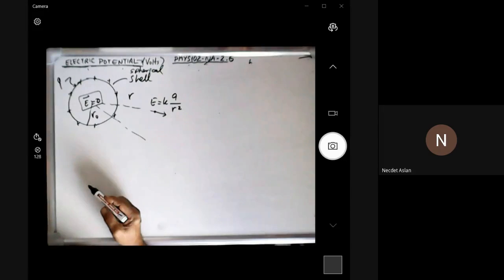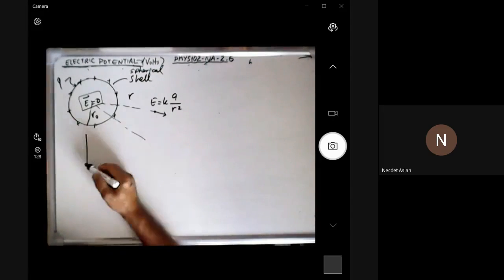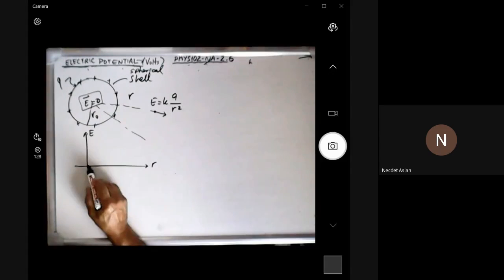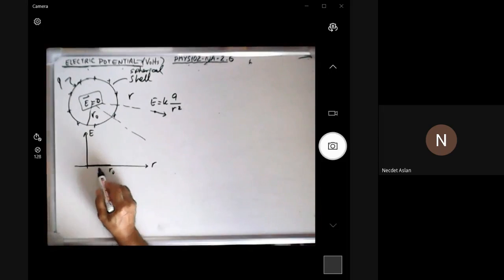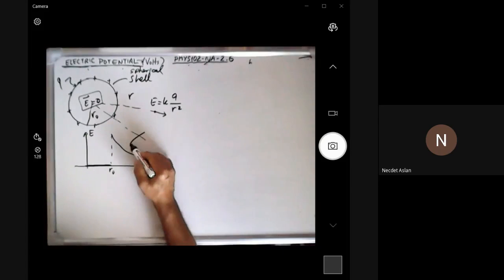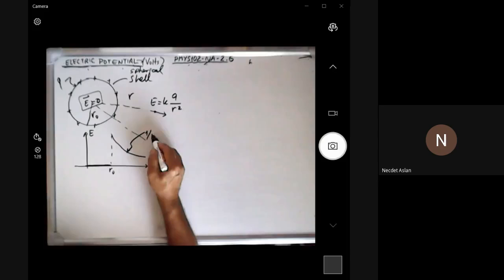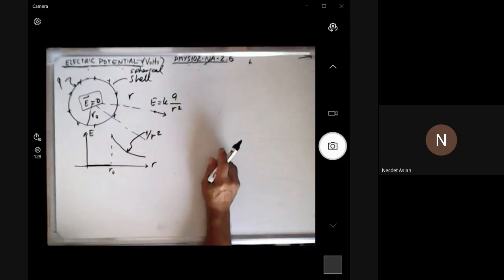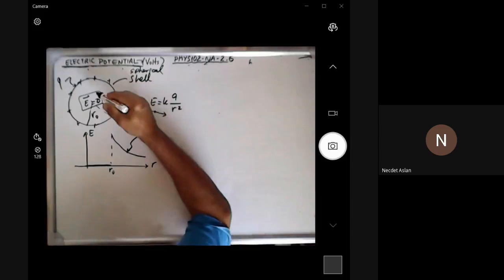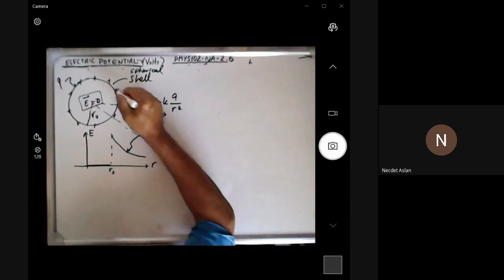So now we would like to draw this graph, the electric field as a function of r. Until r0, it's totally zero, and after that point, it just drops like that, with the behavior of 1 over r squared. Now, what about the potential? How can we find the potential away from this shape?